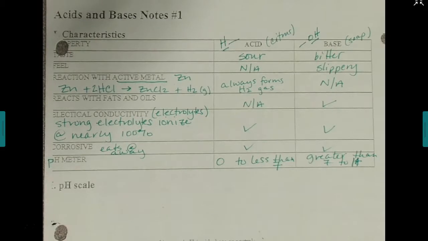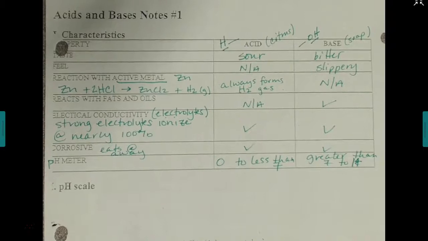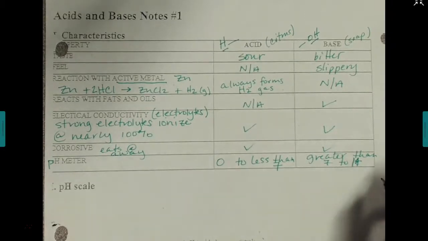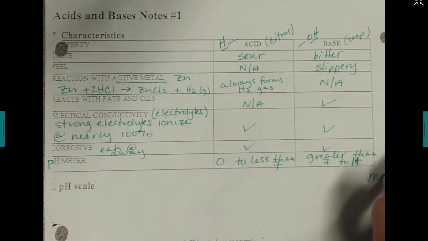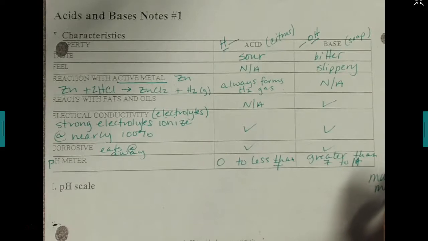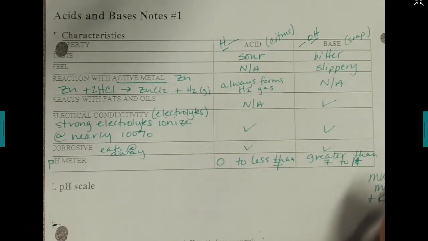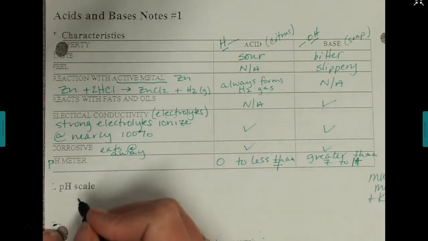Some people say percent hydrogen. There are different names for what pH is. So there are some things that you need to know about it. Again, this is a man-made scale that's kind of novel, if you will. You must memorize it and all the information that I am about to give you on it. So please make sure that you do so.